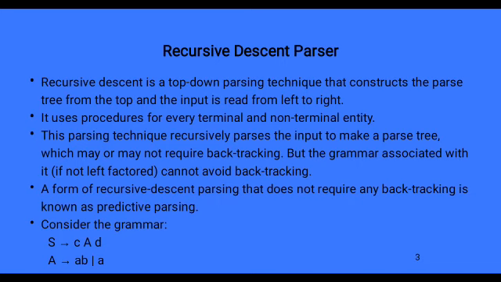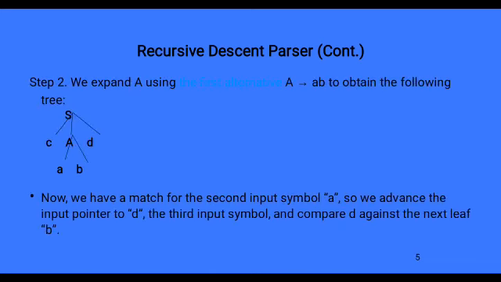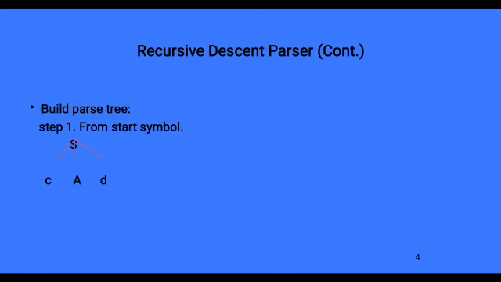On the screen you are seeing the grammar example, that is capital S. You all know what capital S is. Capital S is the start symbol, S tends to small c capital A capital D, whereas capital A tends to small a b or small a. Next is how to build a parse tree in a recursive descent parser.